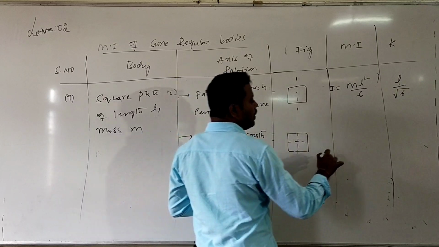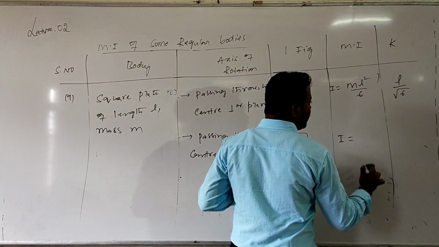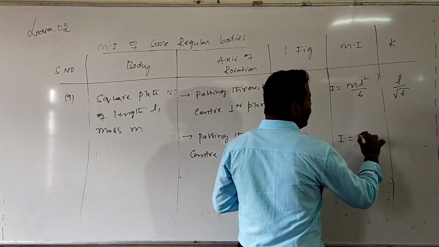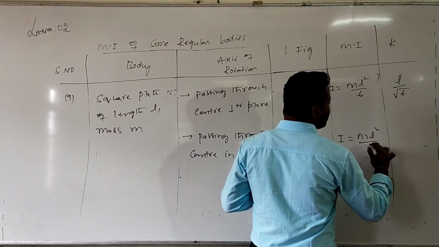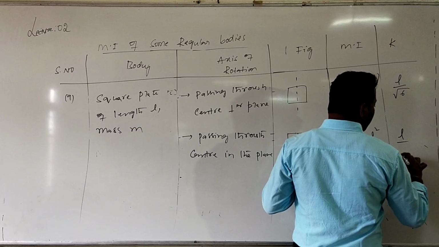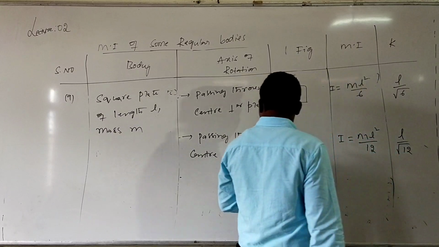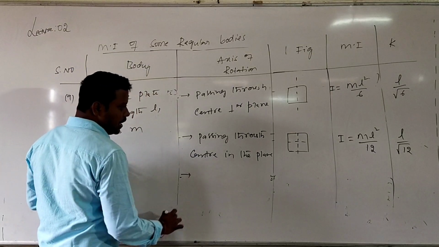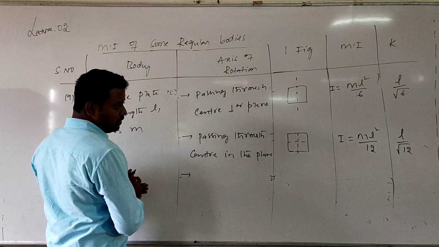According to this theorem, perpendicular axis theorem, that value will be exactly half of the value of perpendicular to axis, that is ML square by 12, whose radius of gyration given by L by root 12. So like this we can calculate the moment of inertia about an axis.